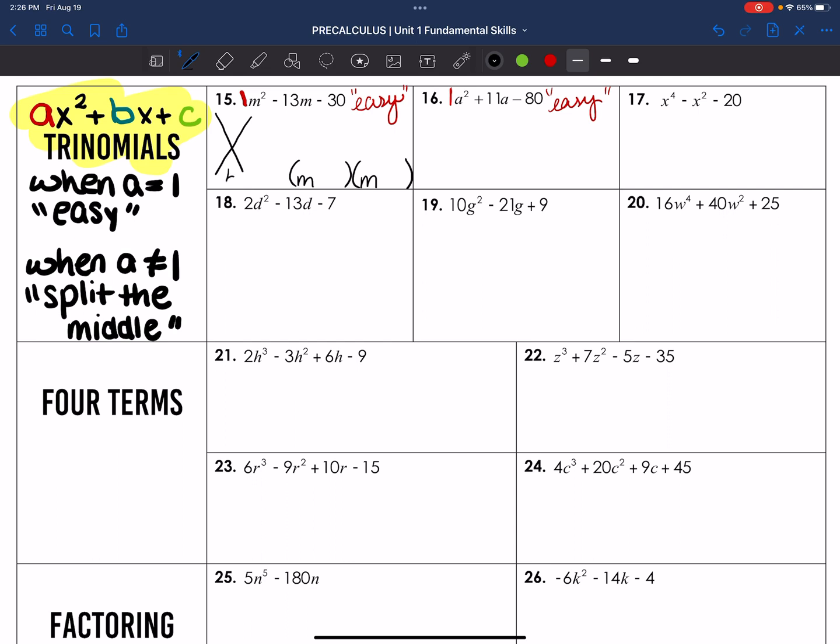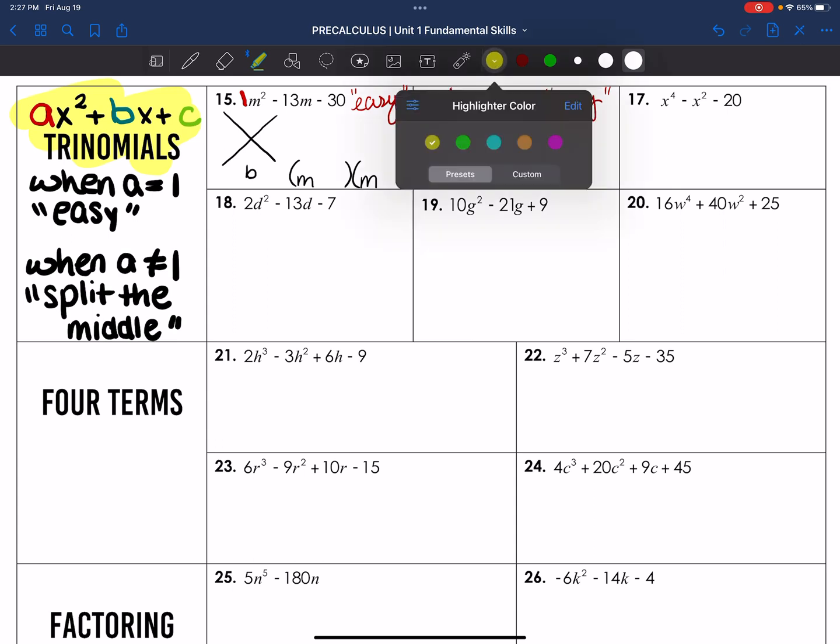So here's how I organize my work. I put my b value in the bottom of this cross. Actually, let me clean that up a little bit because I can't seem to fit it in there. Our b value is going to go in the bottom. And what is that b value? Let's get our little highlighter.